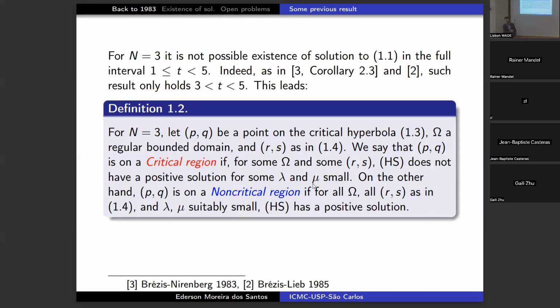So we had some extra assumption in the case of dimension 3. And here I am going to establish a link with the paper of Brezis-Nirenberg. For dimension 3, it's not possible to prove existence of a positive solution for the Brezis-Nirenberg equation in the full interval.